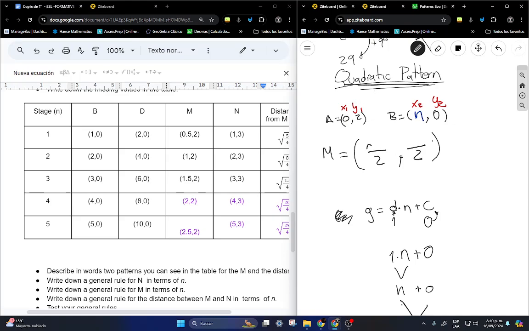So 0 plus n, x1 plus x2, divided by 2. And 2 plus 0, y1 plus y2, divided by 2.